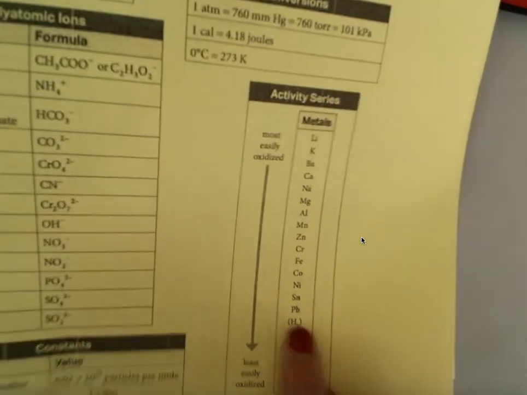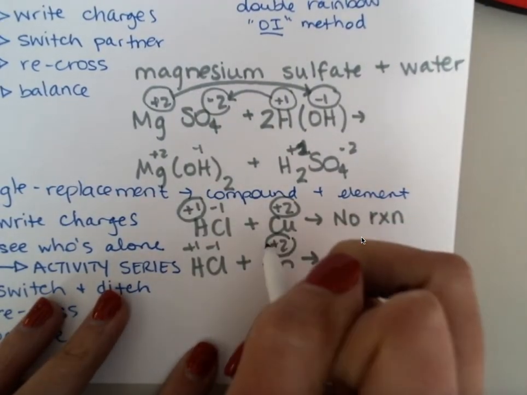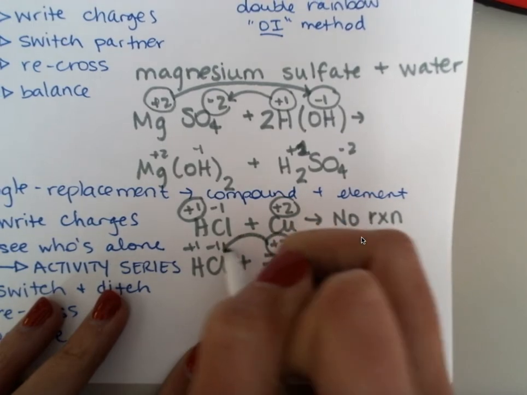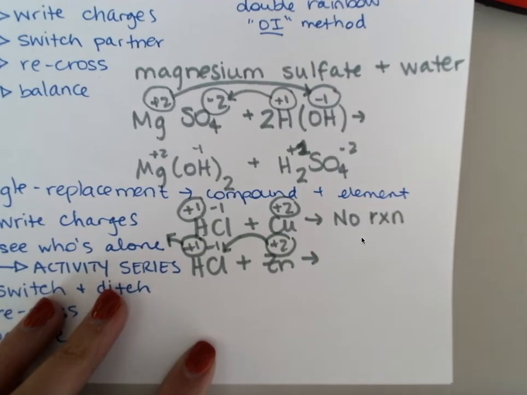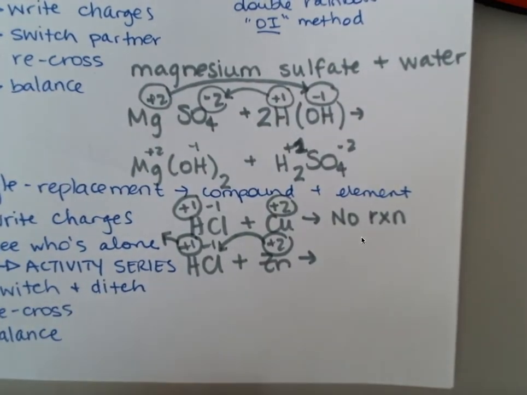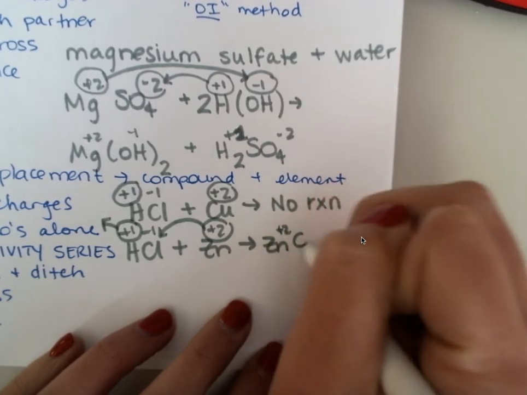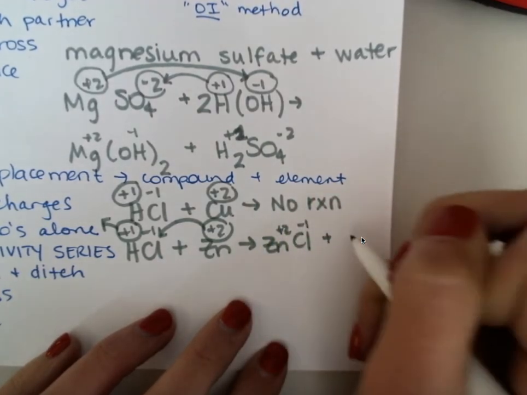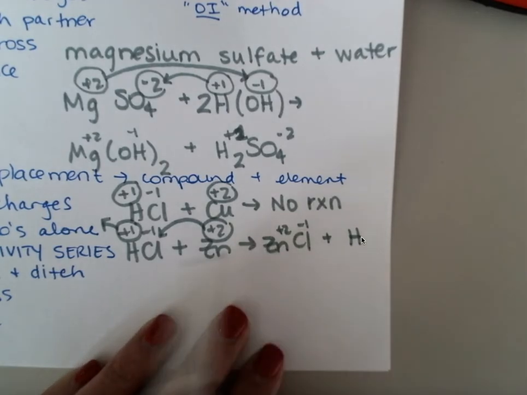So this reaction will occur, and zinc will come to take the chlorine, and hydrogen will get ditched, right? Go cry alone in the bathroom. So then zinc and chloride will come together, and hydrogen will be alone. I then have to recross.